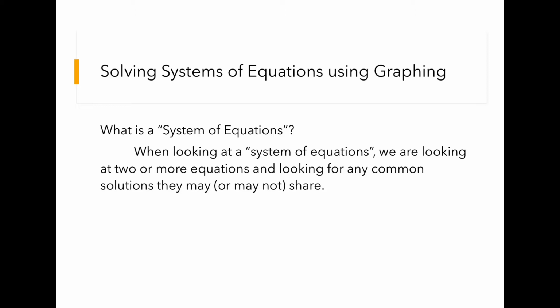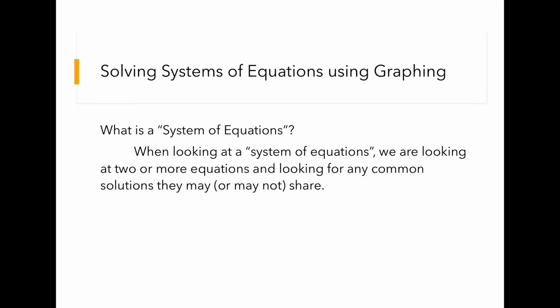A system of equations is when we have at least two or more equations and we're looking for any common solutions they may or may not share. So in other words, we've got different equations representing different relationships between x and y, and we can even have more than two variables.